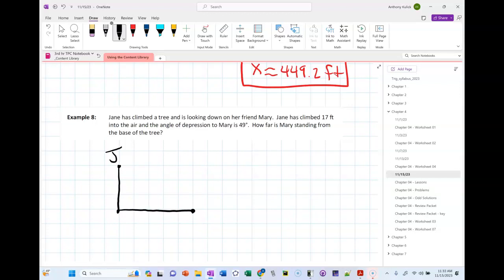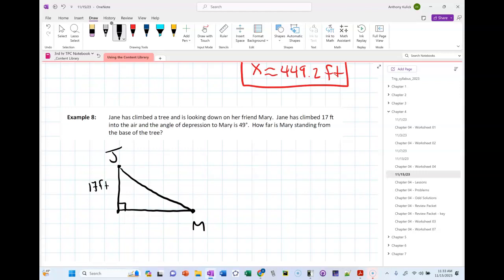So there's Jane at the top of the tree. There's her friend Mary. We'll assume that the tree is perpendicular to the ground. We're told she's 17 feet in the air. And the angle of depression to Mary is 49.